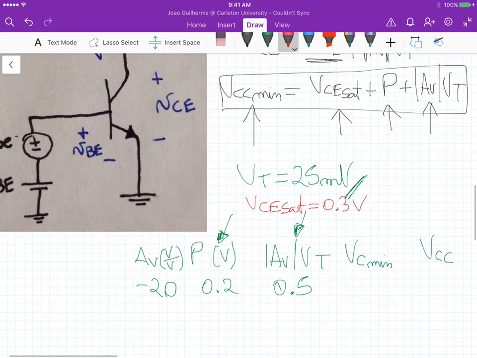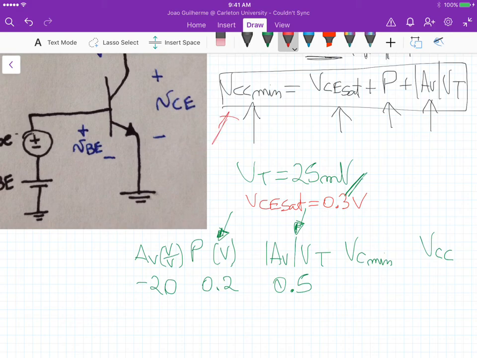So if we substitute in this equation, we know all those values, and we get a VCC min of 1 volt. You could use 1.5, or let's just round to the nearest integer here, so we keep that as 1 volt.